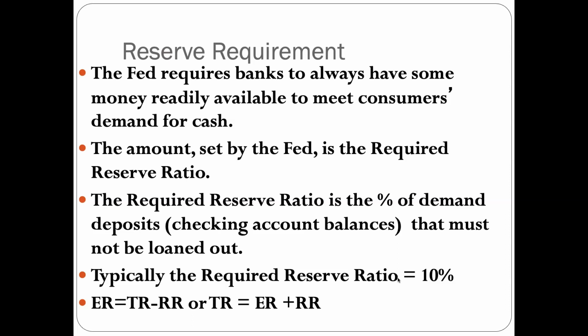Now, this is just an algebraic manipulation of total reserves equals excess reserves plus required reserves. But generally, the first equation, excess reserves equals total reserves minus required reserves, is the best and most used equation when it comes to calculating excess reserves.